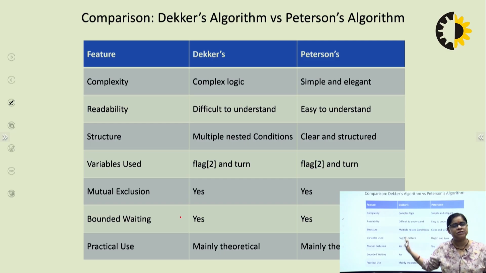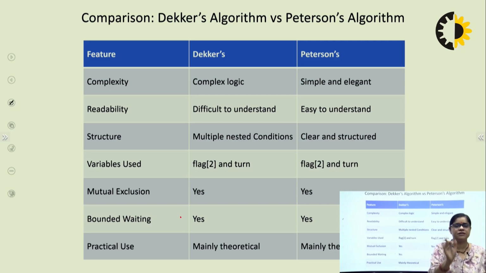But in Peterson's algorithm, we have used less code, so it is very easy to understand. If flag of j is set, meaning permission is given to the other process, and turn is also the other process's, we find that very easily in the code.